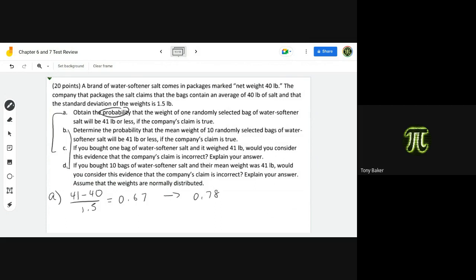Sorry, that was off. It's 0.7486. Yes. So 74.86% of their bags will have 41 pounds or less.